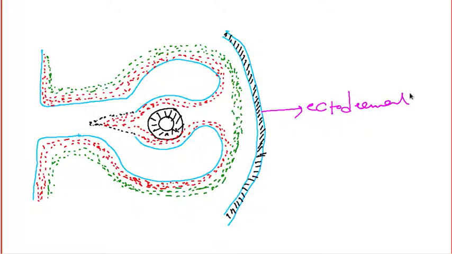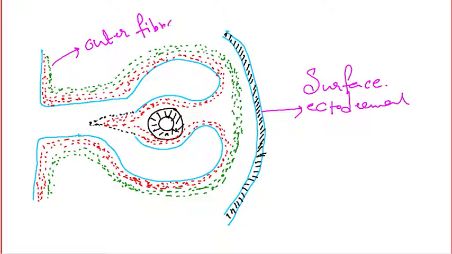This is the ectodermal part, and this ectodermal part will give rise to the surface structures, the surface ectoderm. Now this in green will form the outer fibrous layer. Now this red color structure will form the inner vascular layer.